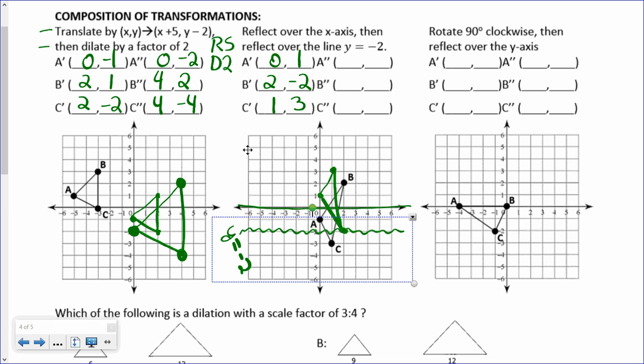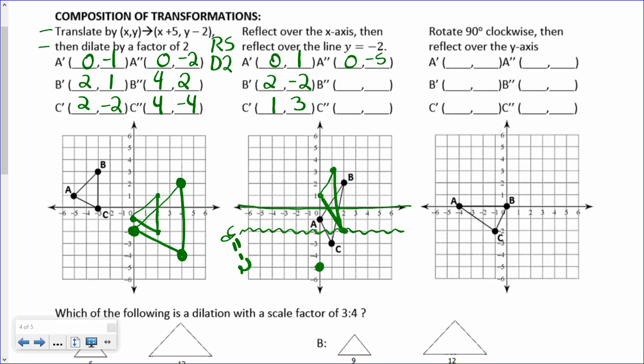If it's 3 above, where would the reflective point be? 3 down. So 1, 2, 3. It's going to be right here. 0, -5. That's why it's important to write your points as you're going, so you know which one's which. So the double prime goes to 0, -5.